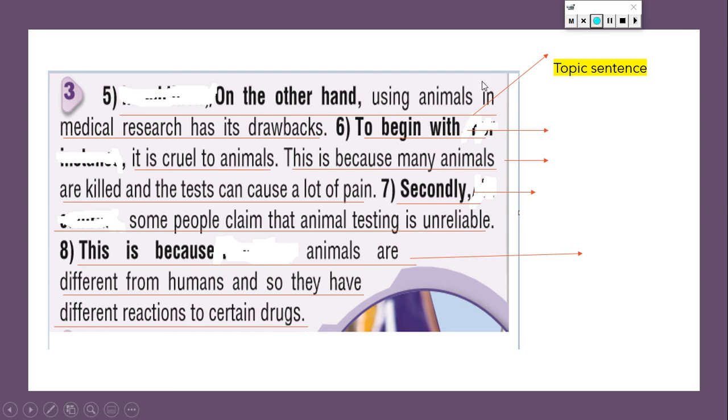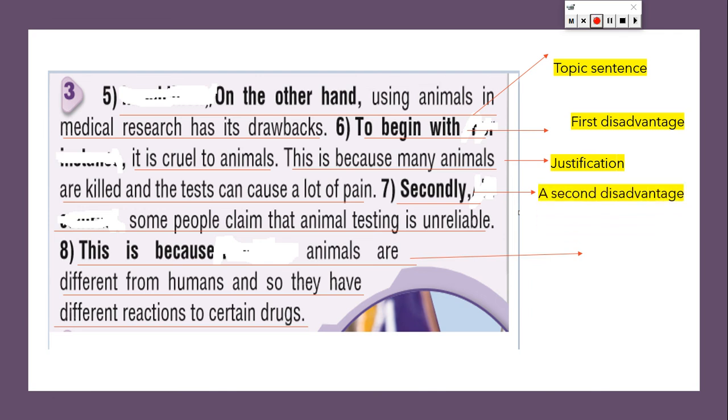Okay, this is because, so to begin with, secondly, as you can see, we are listing the disadvantages. So to begin with, this is because, as I said, we always need justification. So disadvantage, justification. First disadvantage, then the justification. Secondly is to add the second disadvantage.